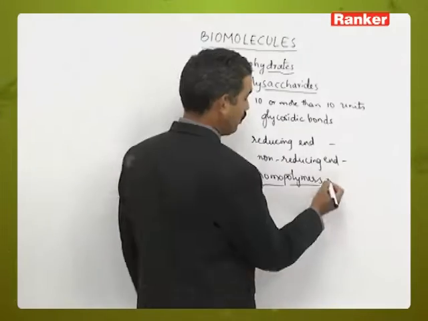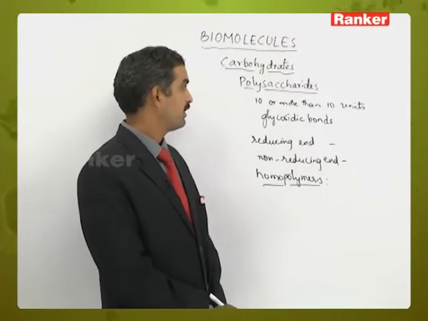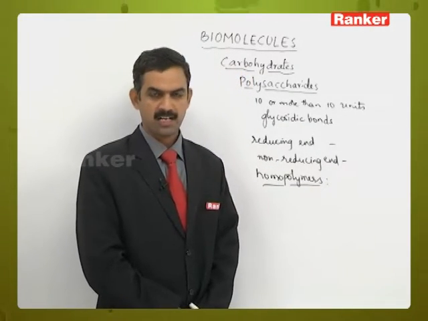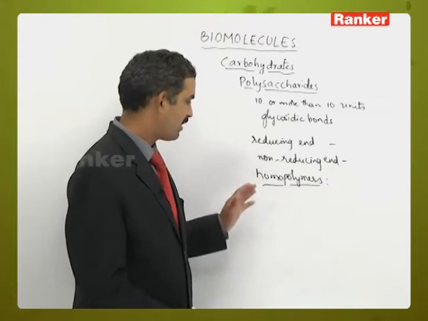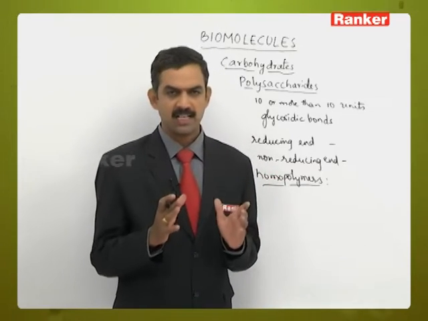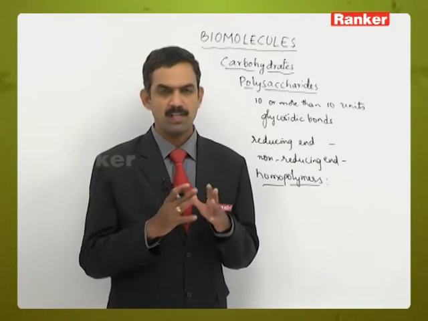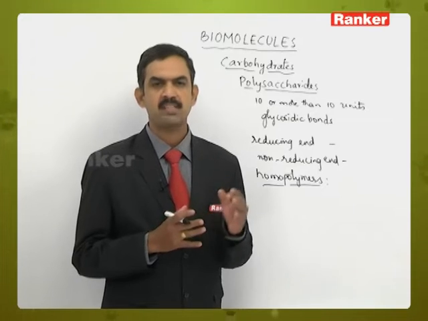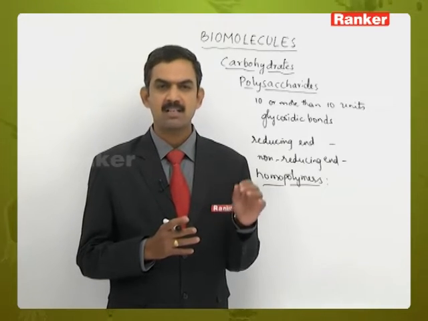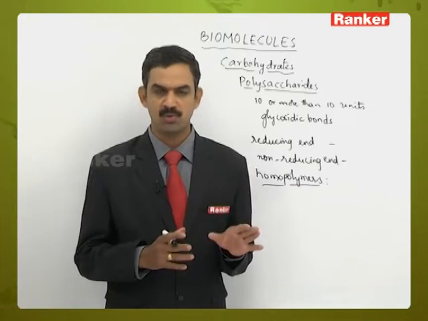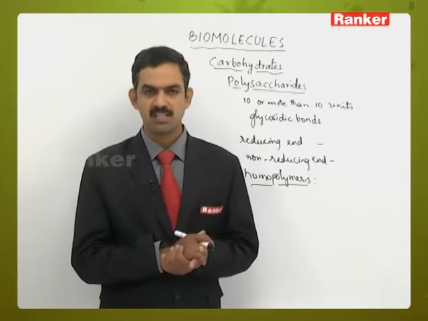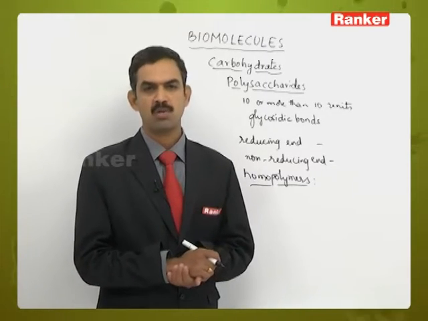Let's start with the homopolymer polysaccharide molecules. Homopolymer means a complex organic molecule formed by similar repeated units, with bonds formed between them.